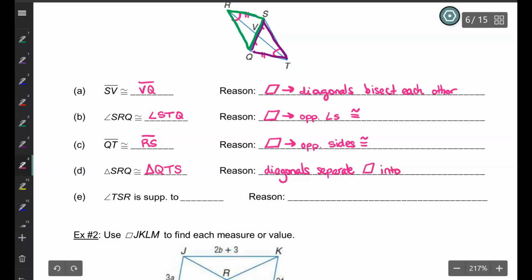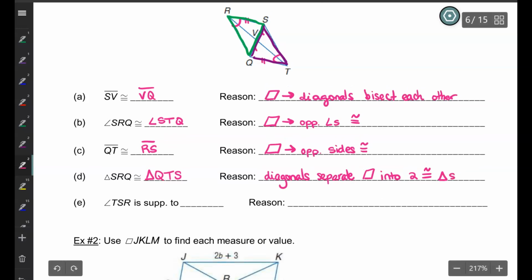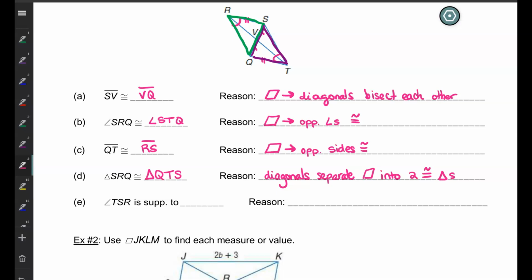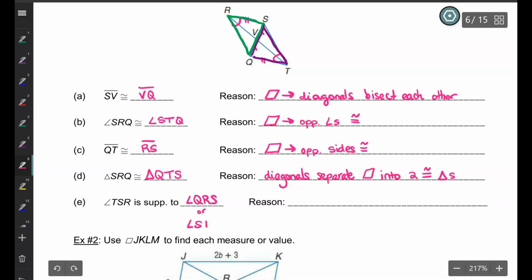And lastly, we have TSR has to be supplementary. We actually have two options. When we're talking about supplementary angles, we're thinking of the consecutive angles. So you could have QRS or angle STQ. And the reason is parallelogram implies consecutive angles are supplementary.